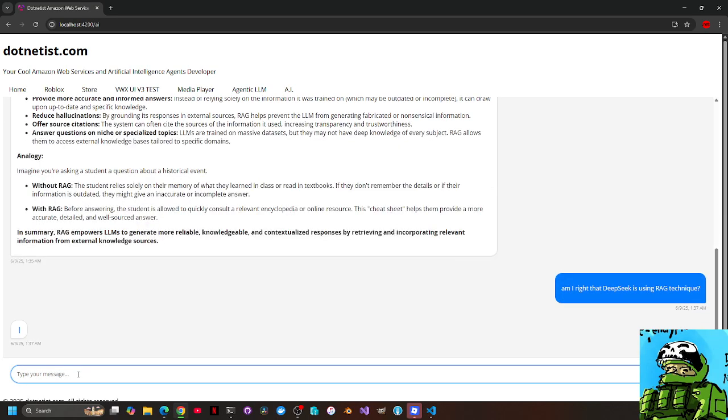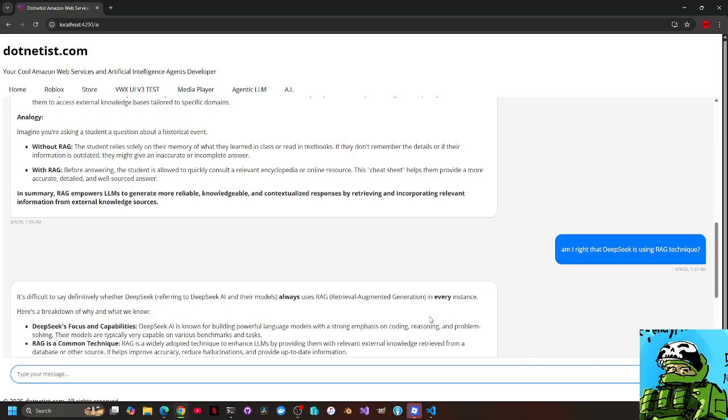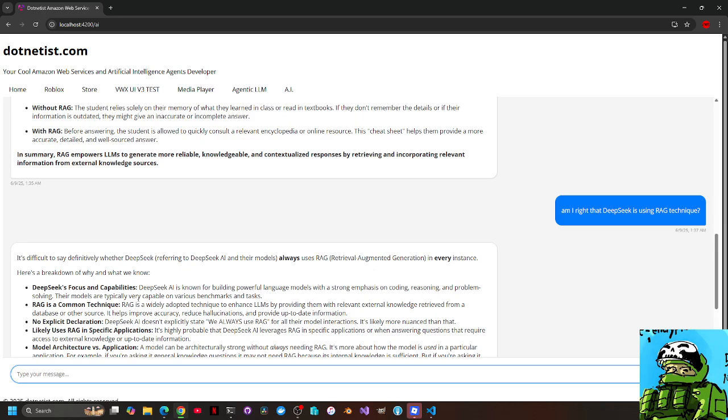It's difficult to say definitively whether DeepSeek, referring to DeepSeek AI and their models, always uses RAG, retrieval augmented generation, in every instance. Here's a breakdown of why and what we know. DeepSeek's focus and capabilities: DeepSeek AI is known for building powerful language models with a strong emphasis on coding, reasoning, and problem solving.